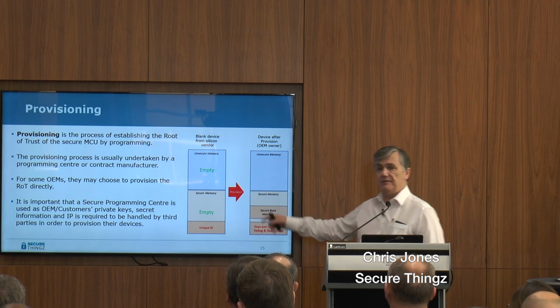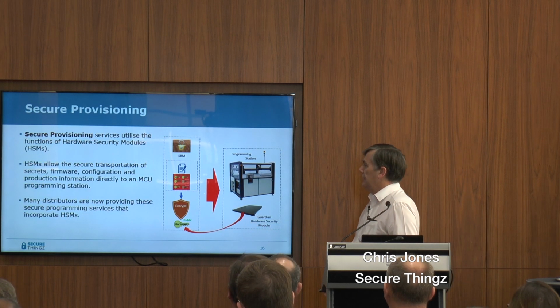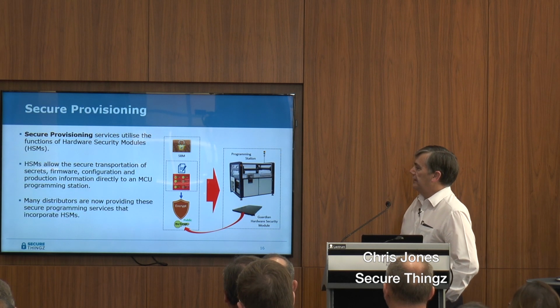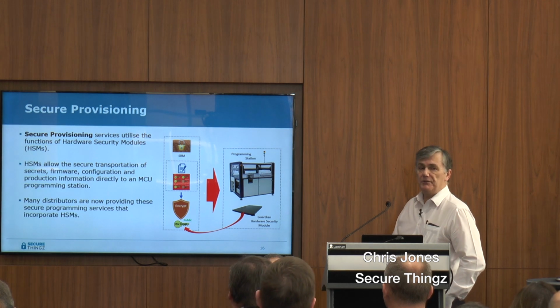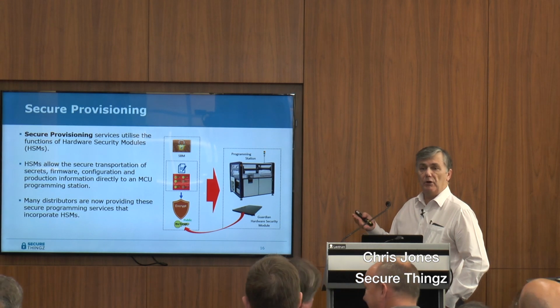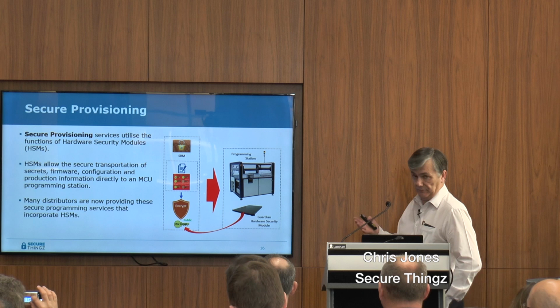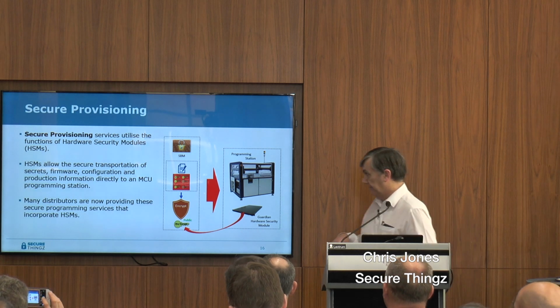So this provisioning is a very important step. One of the ways you can make sure that the provisioning process is secure is by using one of these secure provisioning or programming centers. And they're available today from some common distributors that are out there in the market.